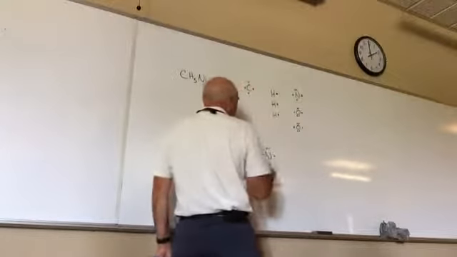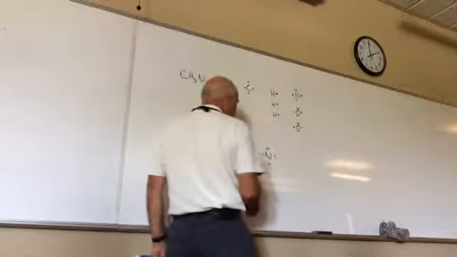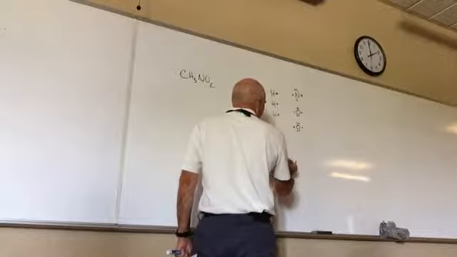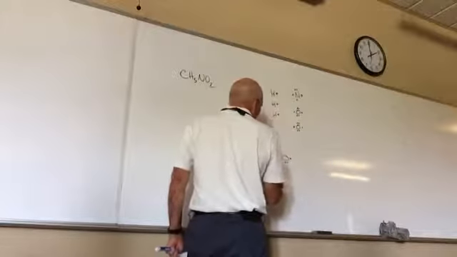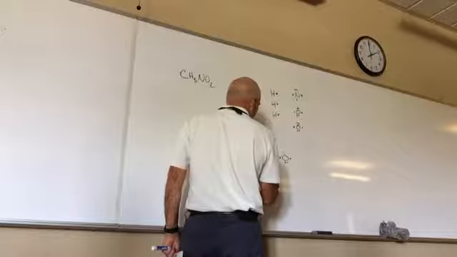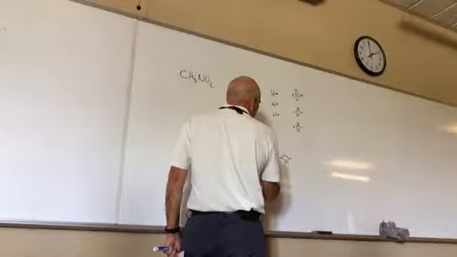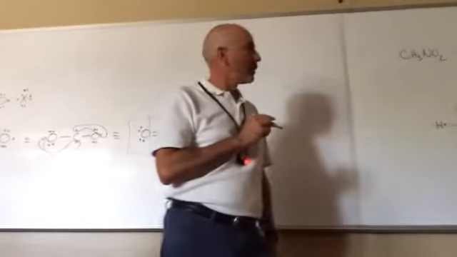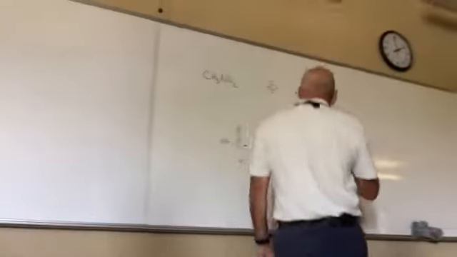So I'm going to bond up that nitrogen, and then I'm going to take the oxygen. We'll do this kind of quick. And we're going to bond up, put an oxygen to each nitrogen, okay? And so let's just draw what I get here.